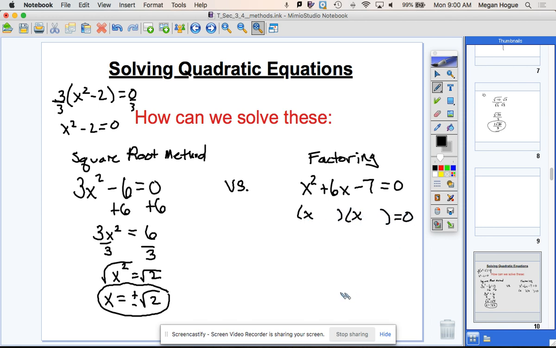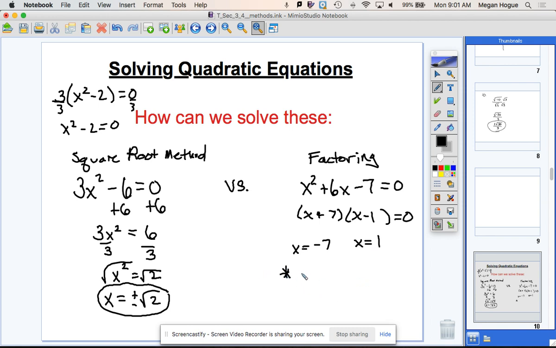Signs, same or different? Different. So we need 7 and 1. I need positive 7 minus 1. That's going to give me positive 6 in the middle. And that means x is going to be negative 7 and x is going to be 1.